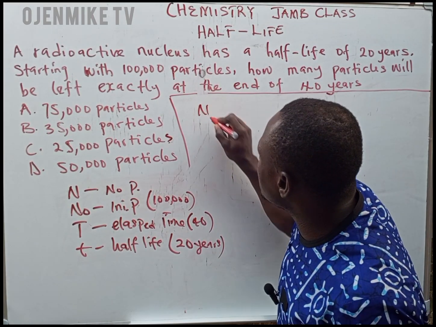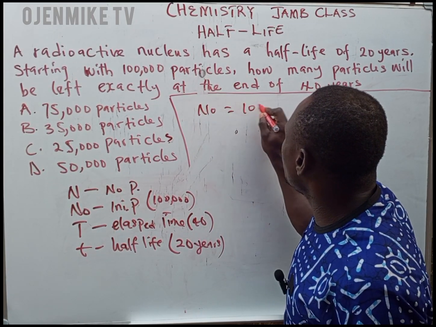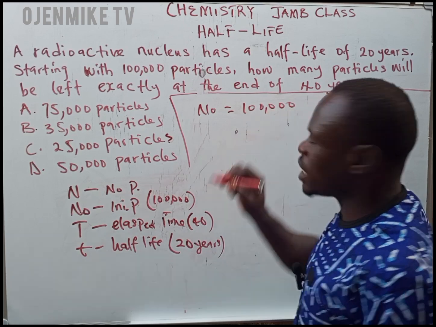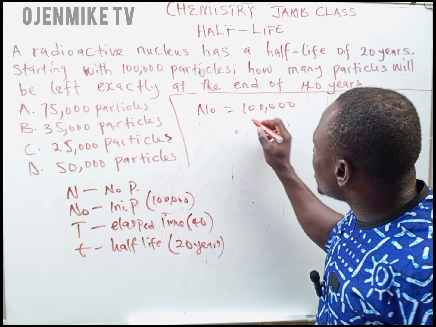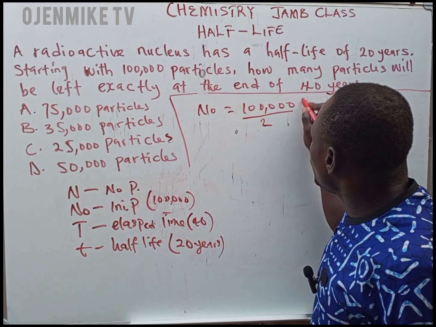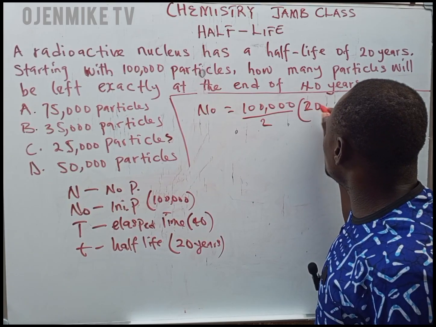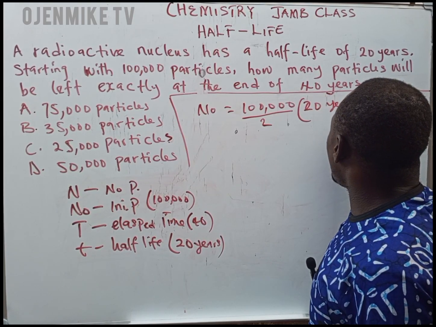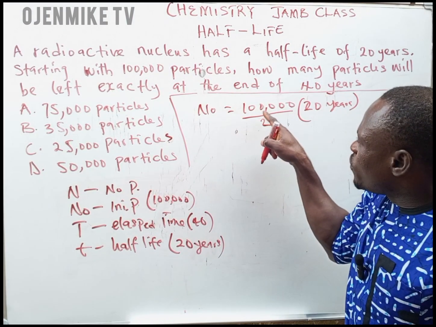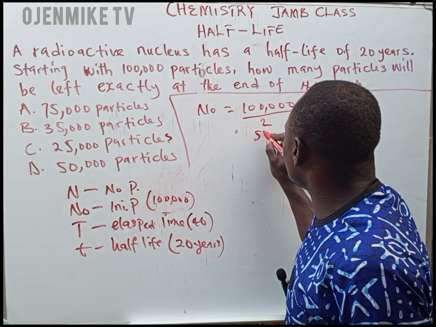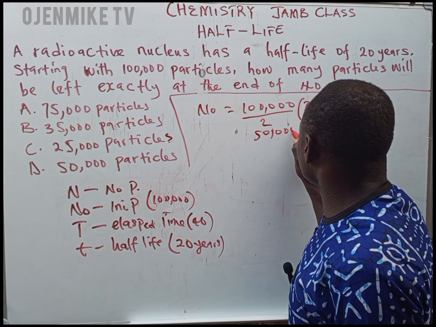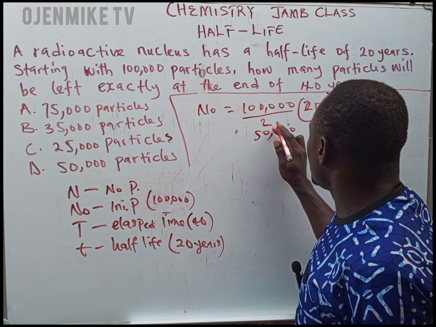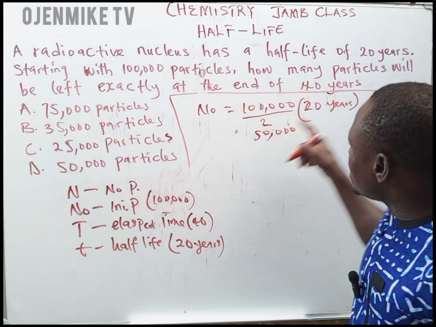Firstly, N0 is 100,000, and if you divide it by 2, it gives you 50,000. This is at 20 years.